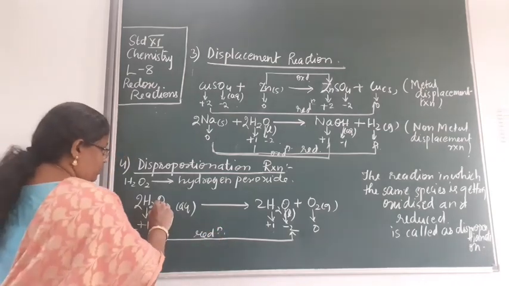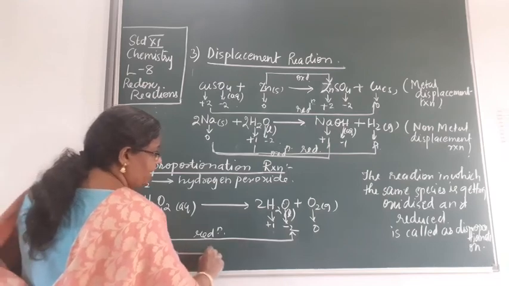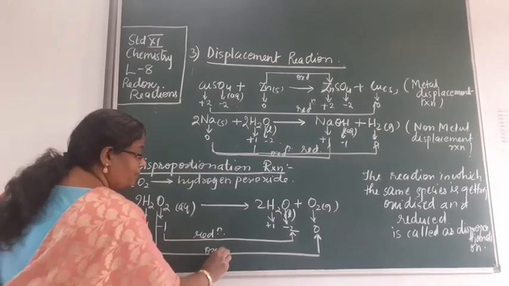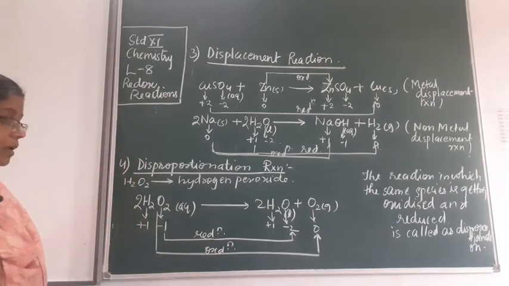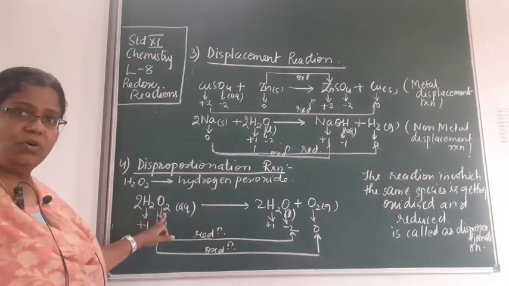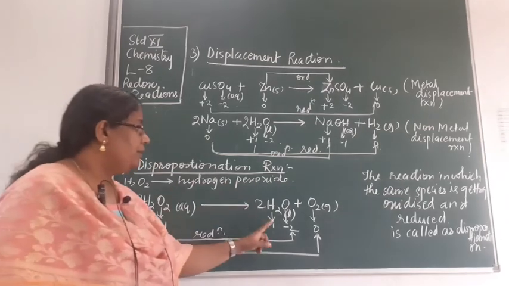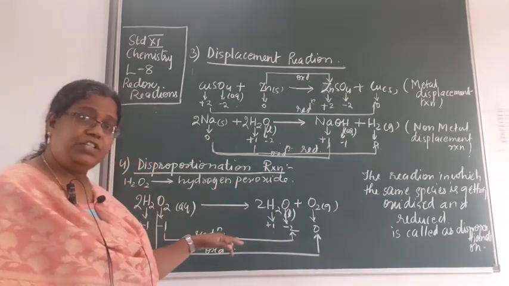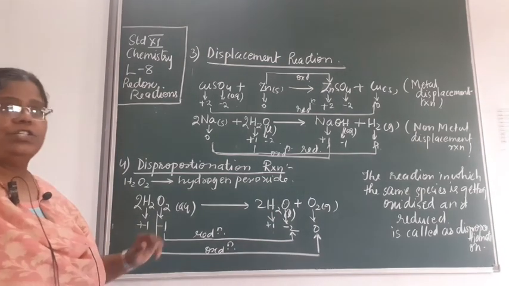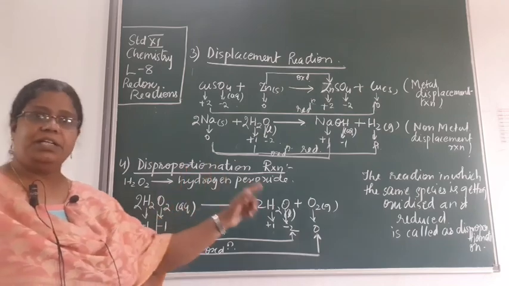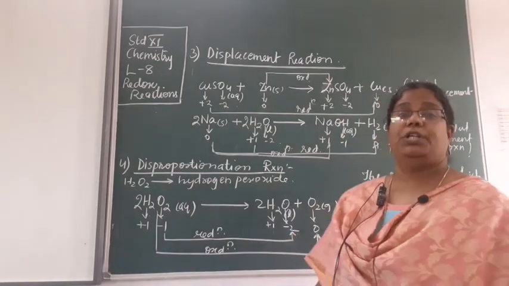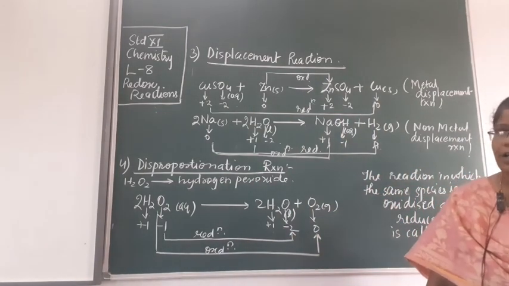Same way this oxygen is going from -1 to 0, मतलब ये तुम्हारा ऑक्सीडेशन हो गया. This is your reduction. तो same species that is same oxygen ion is going into the reduced form and the oxidized form. ऐसे जो रिएक्शंस होते हैं जहाँ पे same species is getting oxidized and reduced, that will be called as the disproportionation reaction. I hope this is clear.